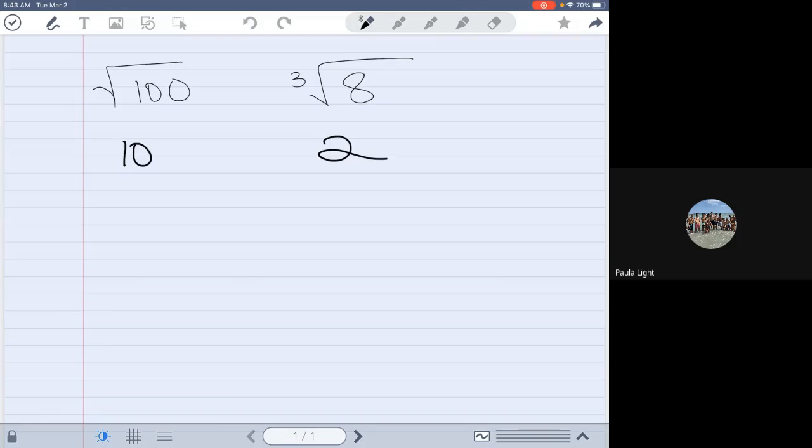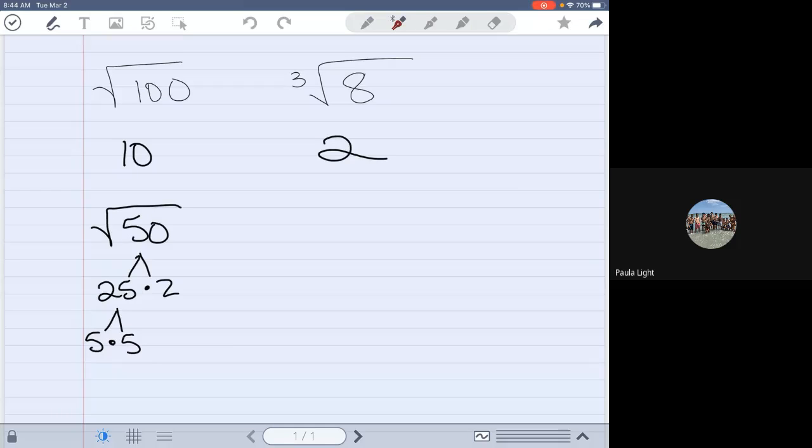And in the square root situation, they say, oh, square root of 50. That's not a perfect square. It's not on the list. But it does factor to 25 times 2, right? 25 is a perfect square.